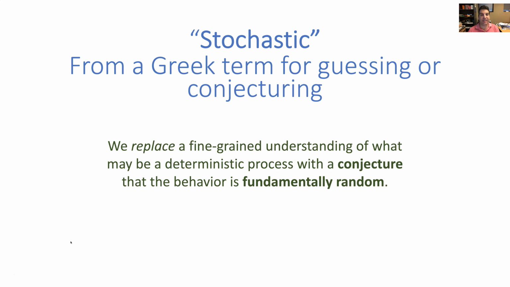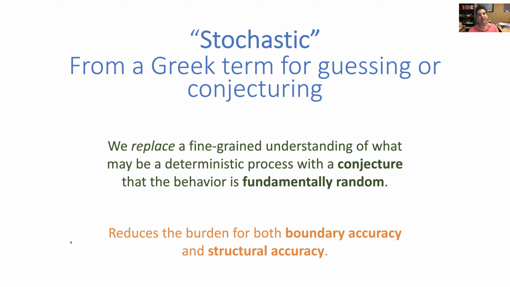But there was a realization that even if the underlying processes were deterministic and very complicated, we could maybe forget about them and assume instead that they were fundamentally random. If we did so, then maybe we wouldn't have to build so many things into our model.